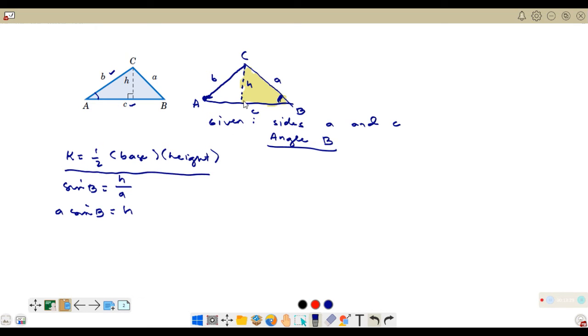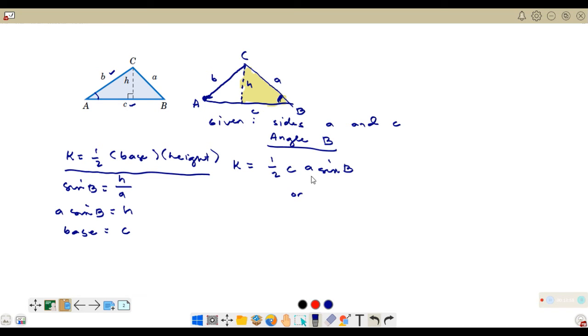Ano yung base natin? Again, ang inilimit nung ating altitude ay itong side C. So, ang base pa rin natin ay si side C. So, our new area will be given by 1/2 the base, which is C, multiplied by the height, which is A sin B.